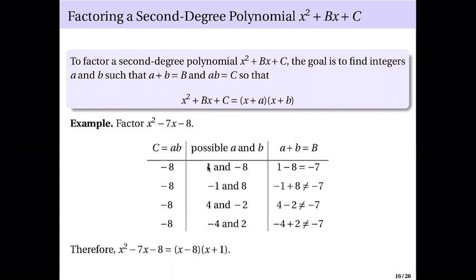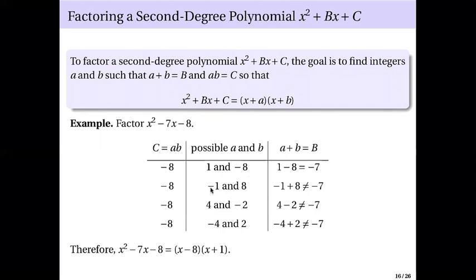So you have 1 and 8. The higher number is 8. That must have the negative sign. If you tried 4 and 2, the higher number is 4. That must have the negative sign. If this were positive, so plus 7 instead, then with 1 and 8, the higher number 8 must have the positive sign.